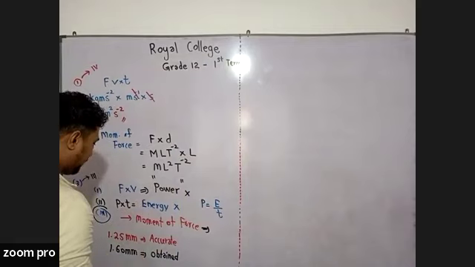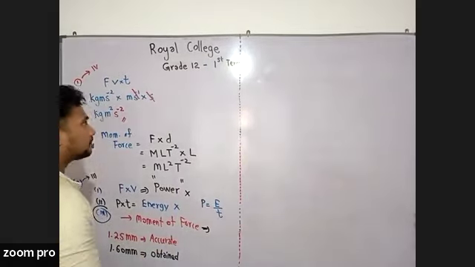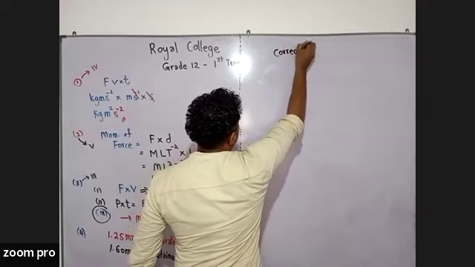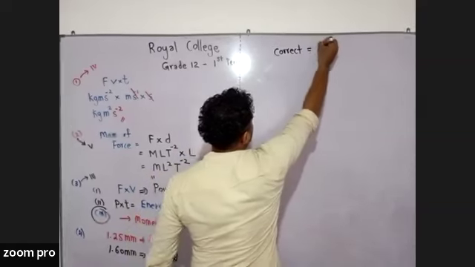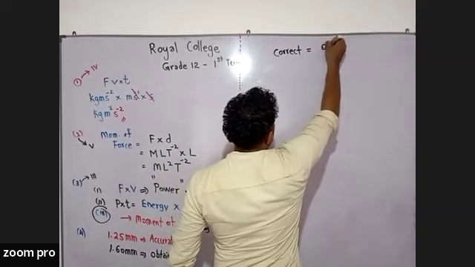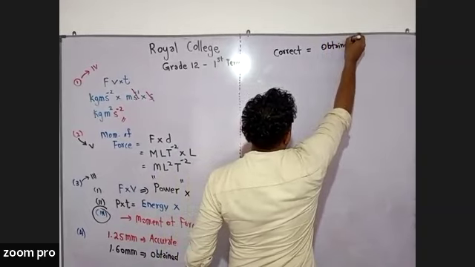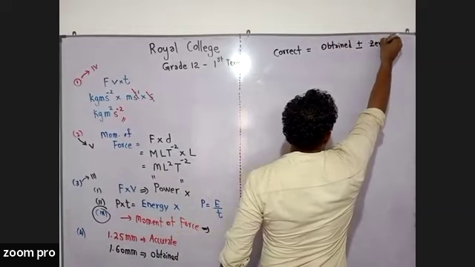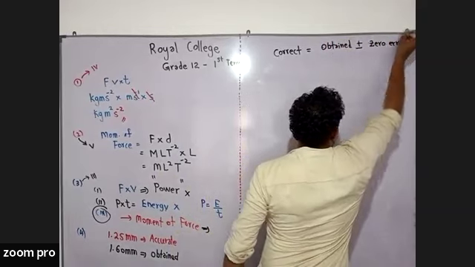So now normally the correct value is obtained by obtained value plus or minus zero error, no? Right.